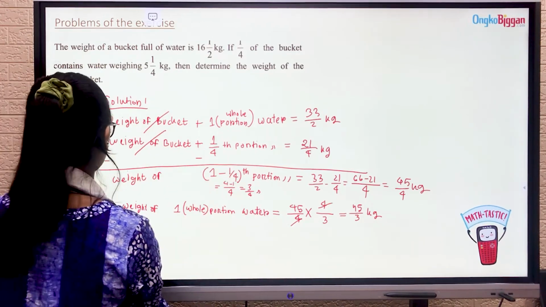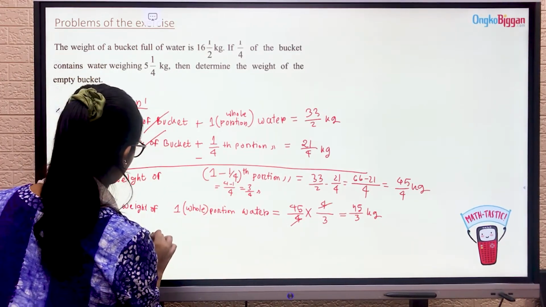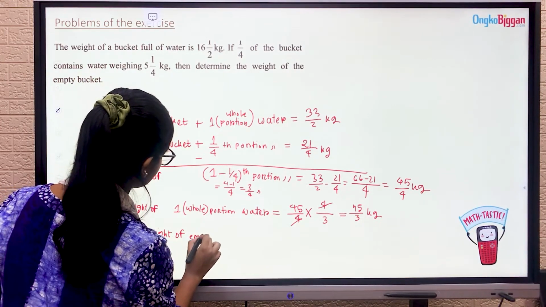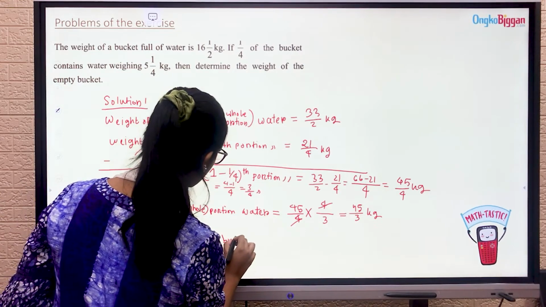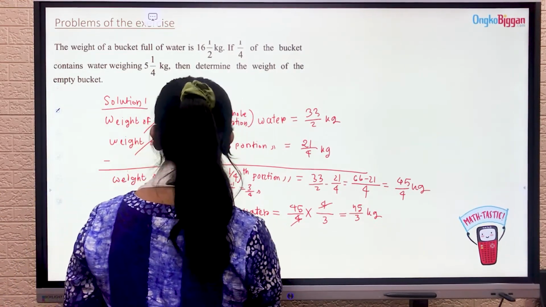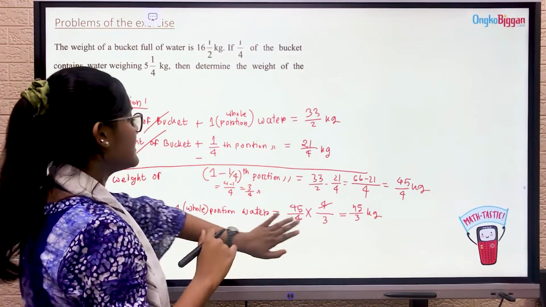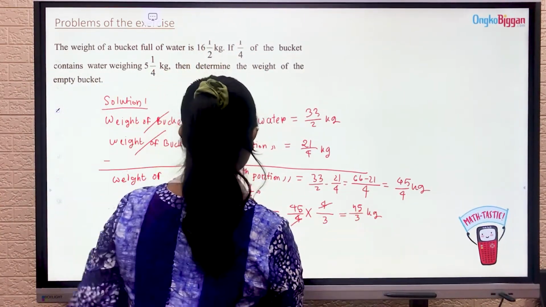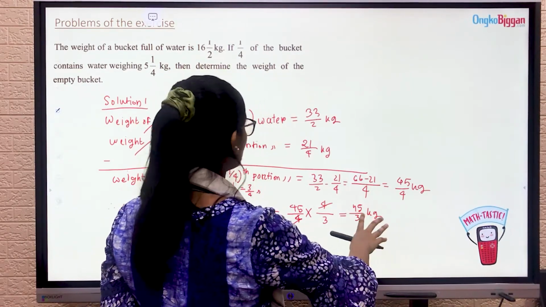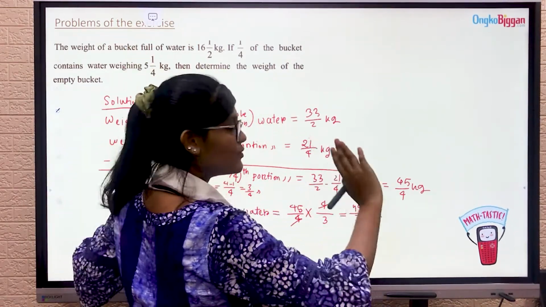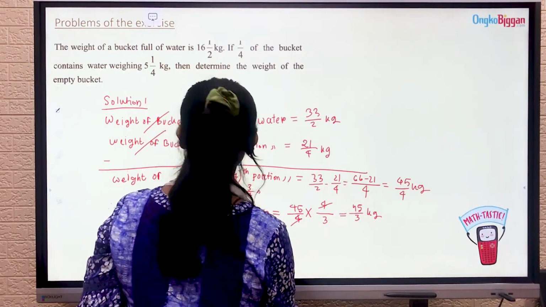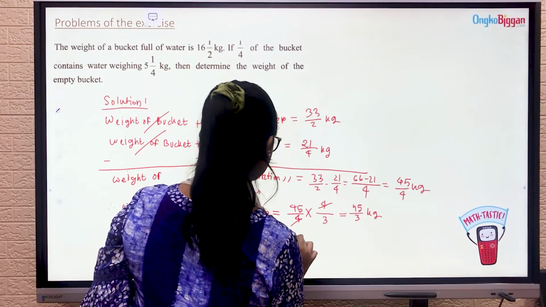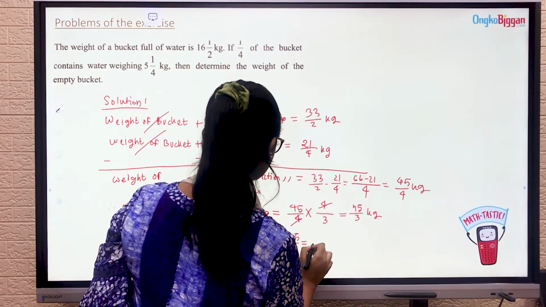the weight of the bucket. Therefore, weight of empty bucket will be just this minus this, that is the bucket plus full water minus just full water. So it's the amount of full water. So we just deduct bucket plus full water minus full water. That means 33 by 2 minus 45 by 3.